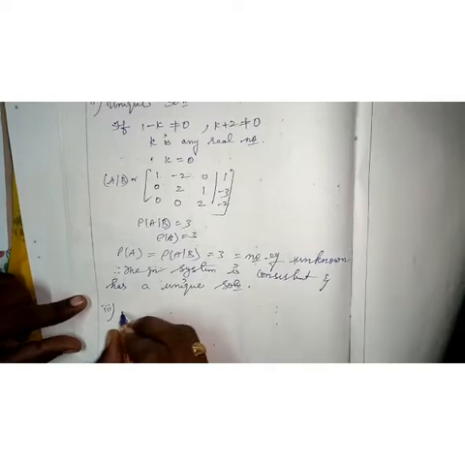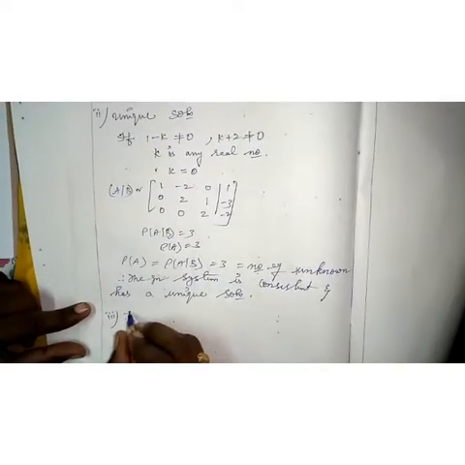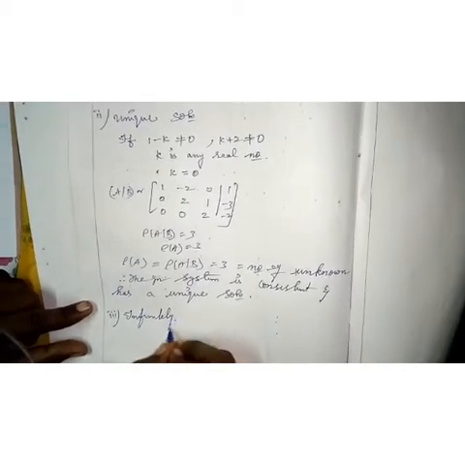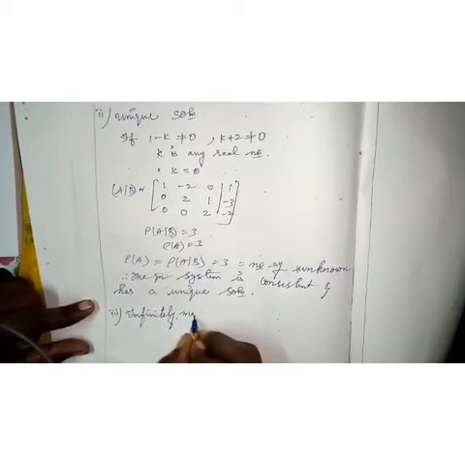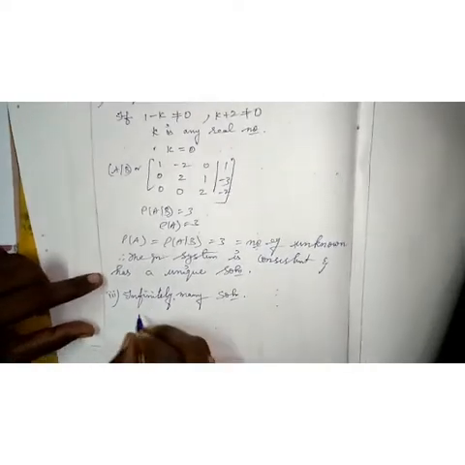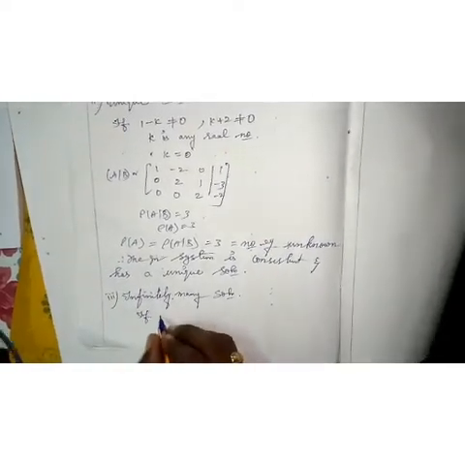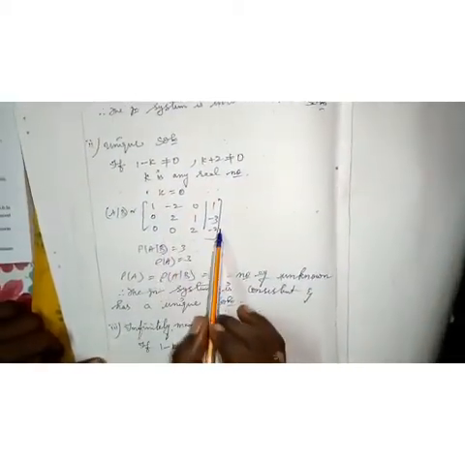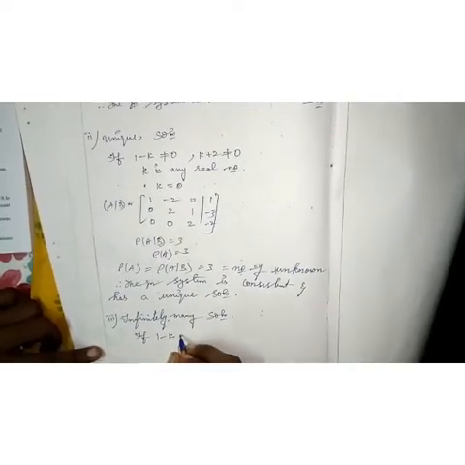Case 3, infinitely many solutions. If 1 minus k, we want to write 0 in this row fully, so it is not equal to 0, correct?